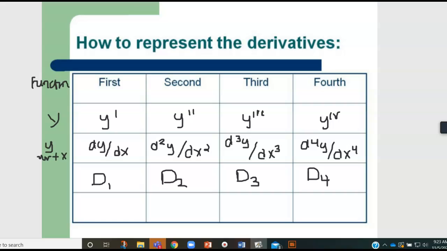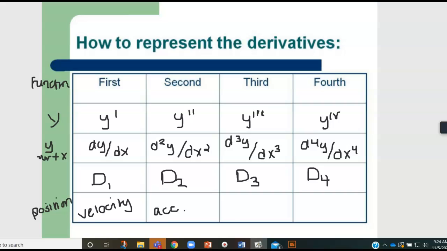And then let's do the physics relationship. So the original function is position. The derivative of position is velocity. The derivative of velocity, or the second derivative, is acceleration.